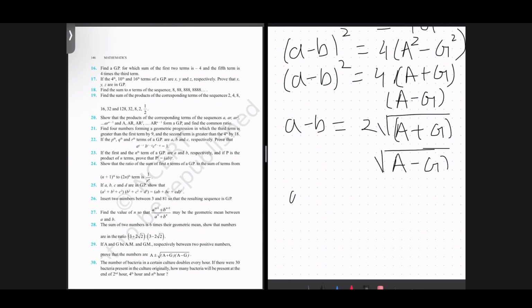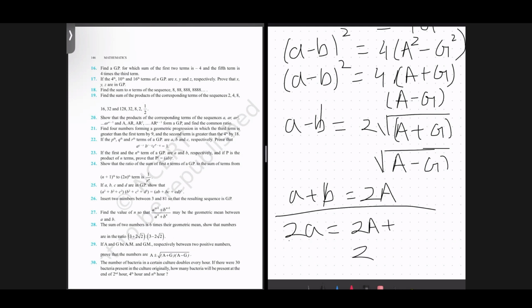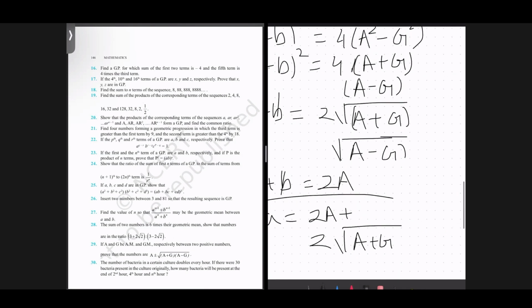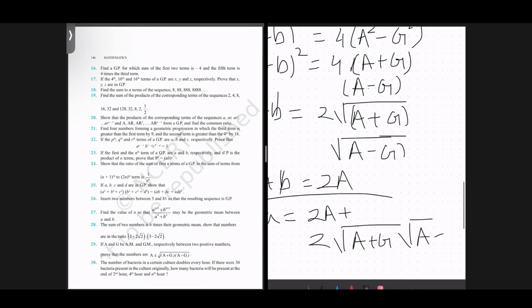And we have also found out that a+b is nothing but 2A. Adding both these equations up, b gets cancelled. You get 2a equals 2A plus 2 times under root of (A+G)(A−G).